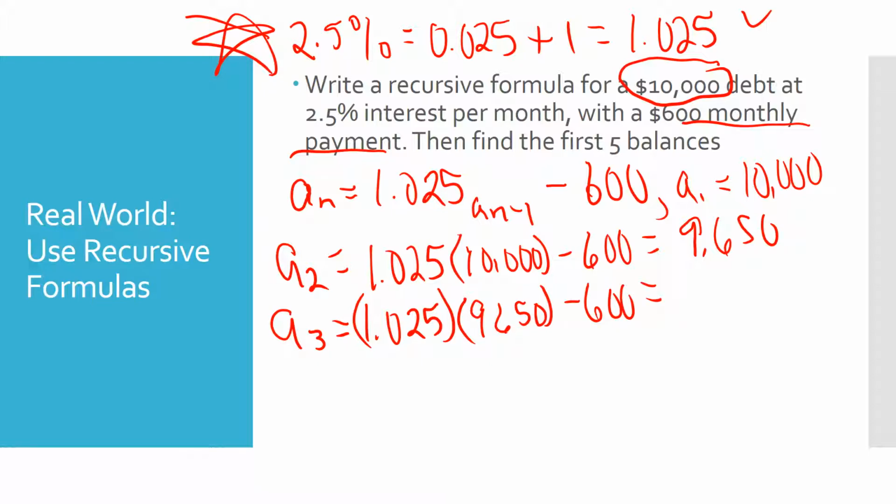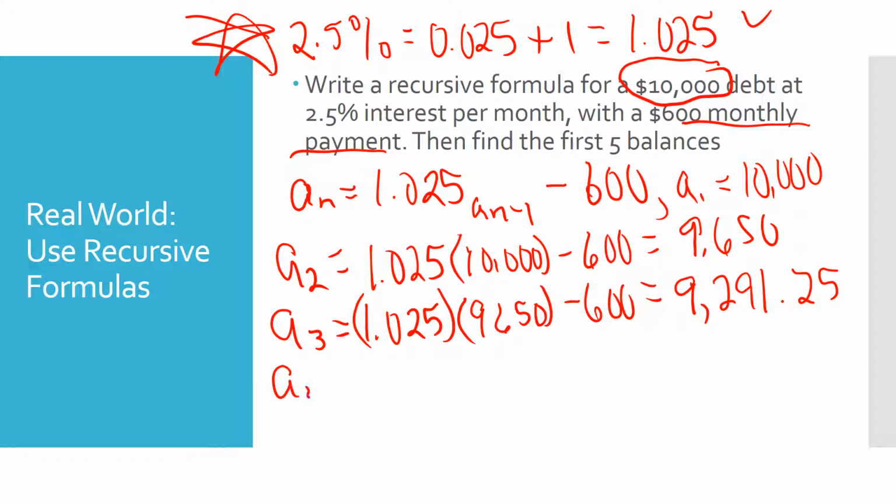All right, so 9,650 times 1.025 minus 600. That's going to give me 9,291 and 25 cents. All right, so that's my balance at the end of the third month.